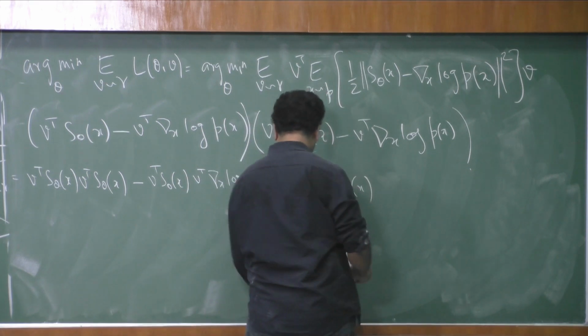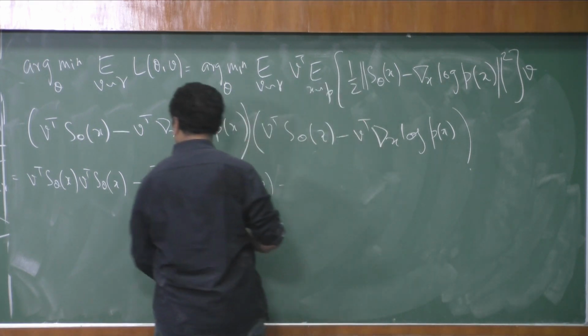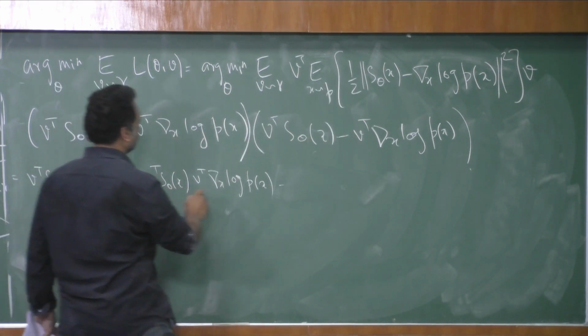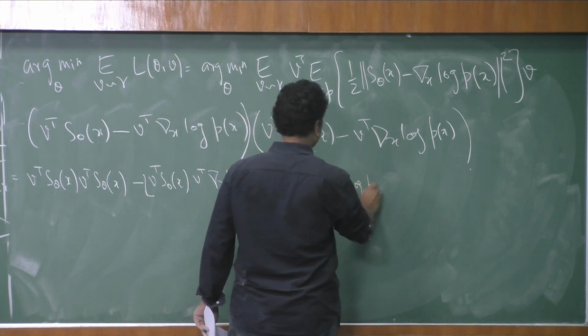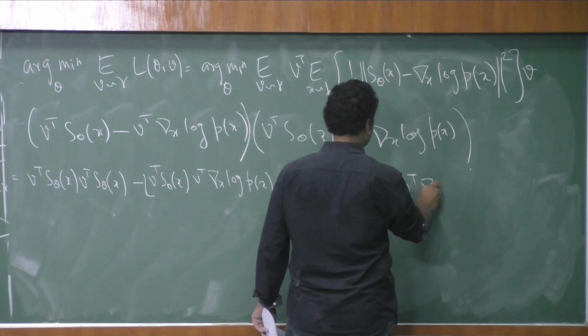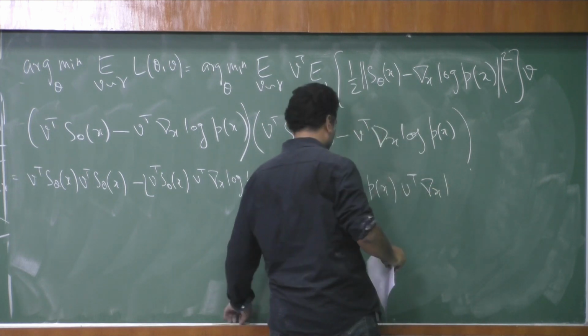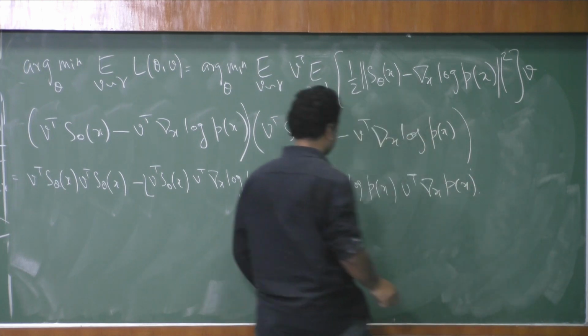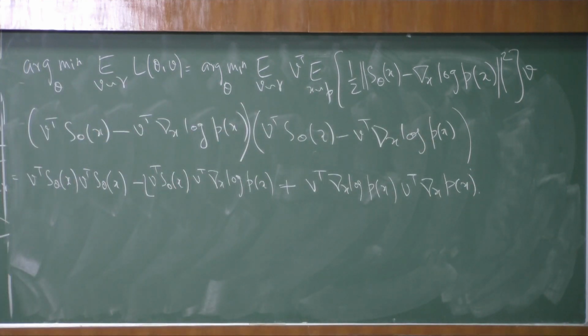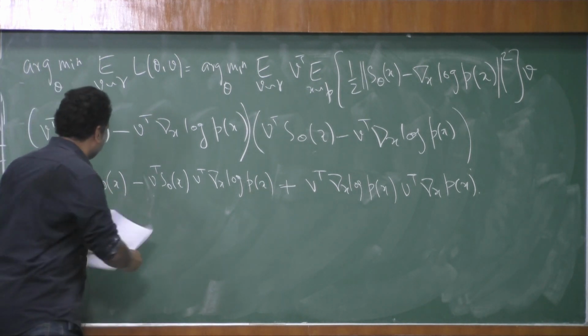Basically this is like minus 2 times that, and then plus v transpose grad x log p x times v transpose grad x log p x. I am writing squares explicitly as repeated terms just to see if there is a connection there.